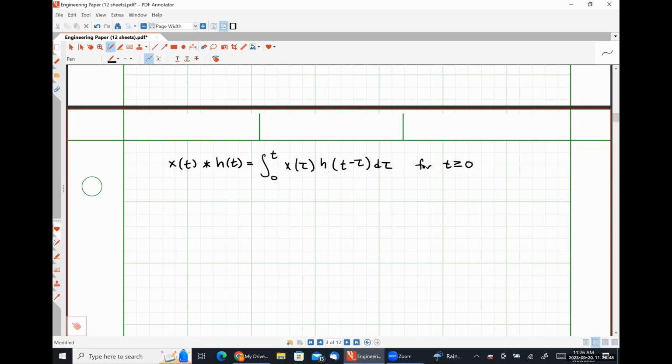And we can also call this x of t minus tau times h of tau, because we can swap the order. Okay. All right, so now it's time to suffer through calculus.